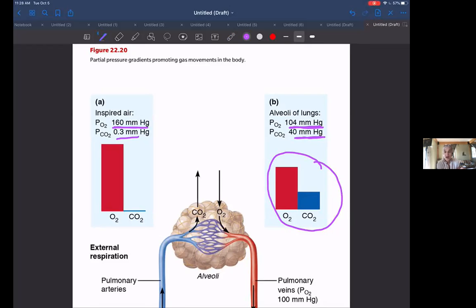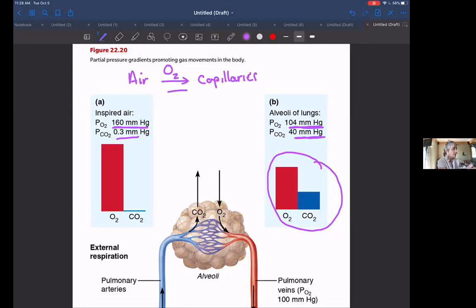So which way is oxygen going to diffuse? It's going to go from the air into the capillaries, because oxygen is of a higher concentration in the air than it is in the capillaries.